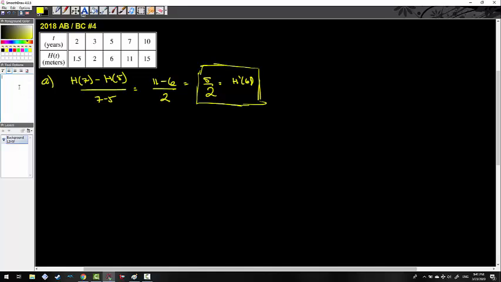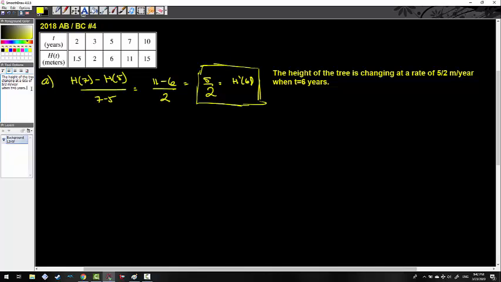Well, because h is measuring the height of the tree in meters, we could then say the height of the tree is changing at a rate of 5 over 2, looks like meters per year, when t is equal to 6 years. And I think that's a pretty good interpretation of part A. That's a pretty good solving for part A.